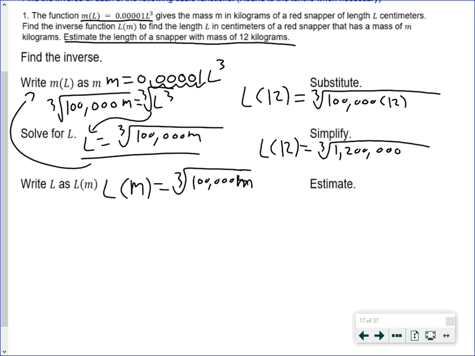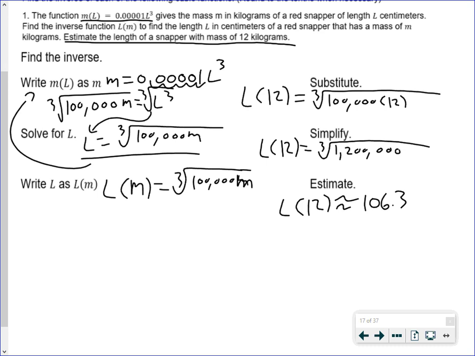And to find the cube root of 1.2 million, you're just going to put that into the calculator. We're not going to expect you to be able to do that in your head or by working. That's just unreasonable. But when you solve that out, L of 12 is going to be approximately 106.3. So that's what you should have gotten.